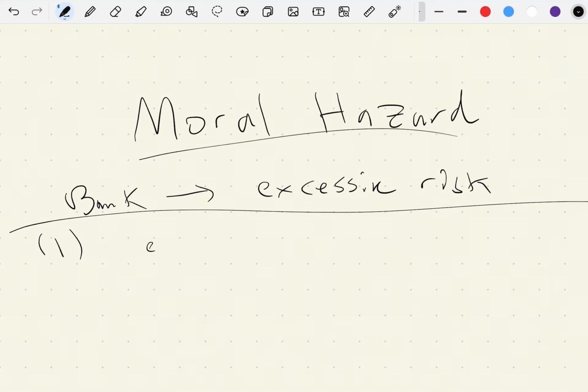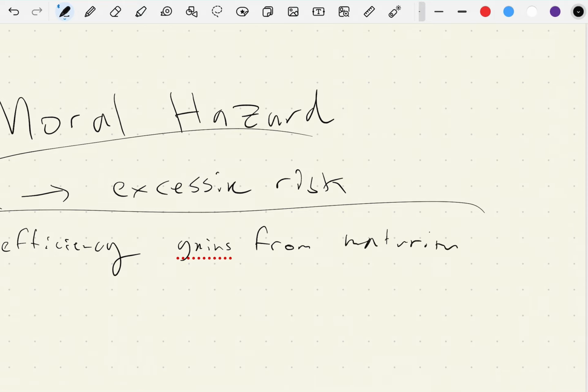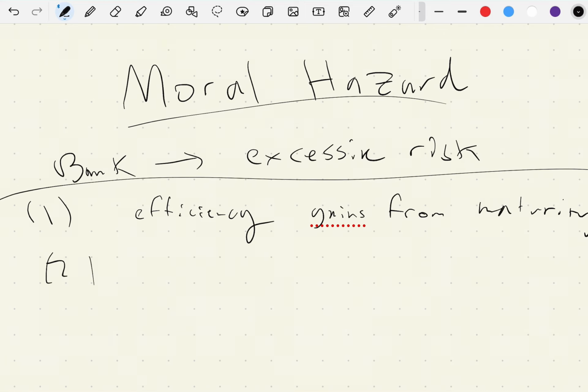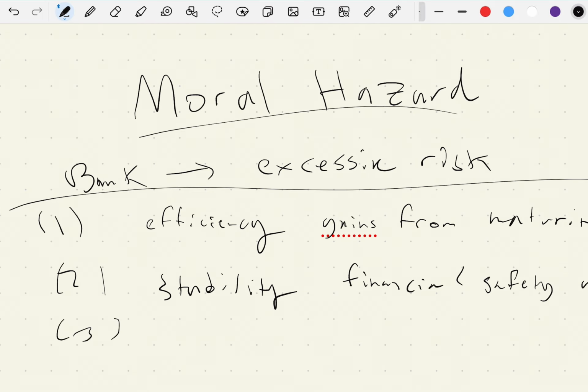First, the efficiency gains from maturity transformation. Second, the stability provided by a financial safety net, like deposit insurance.